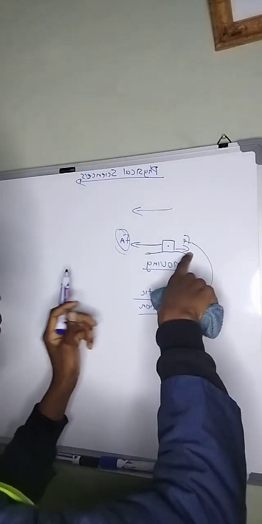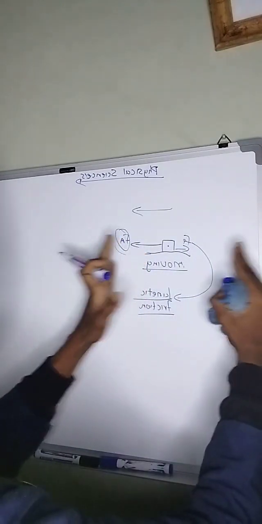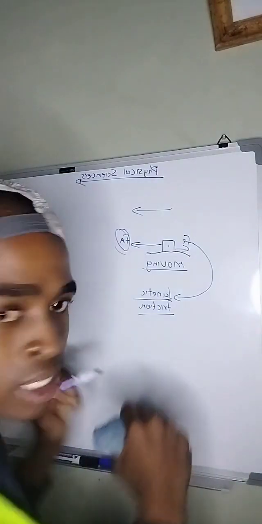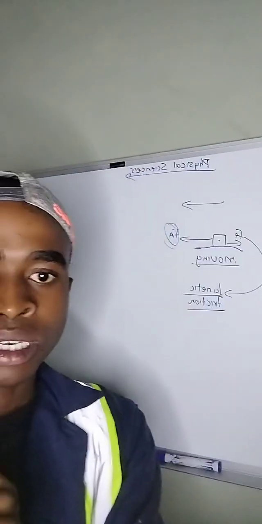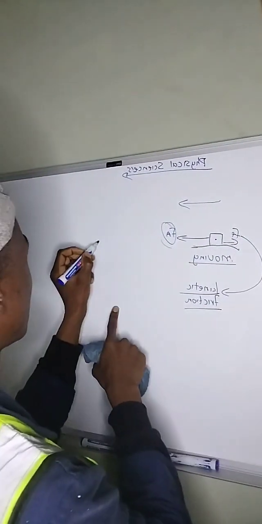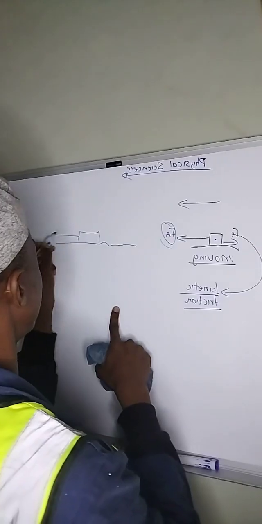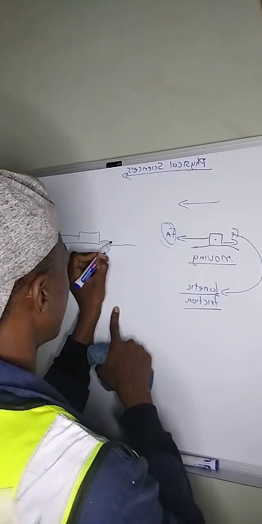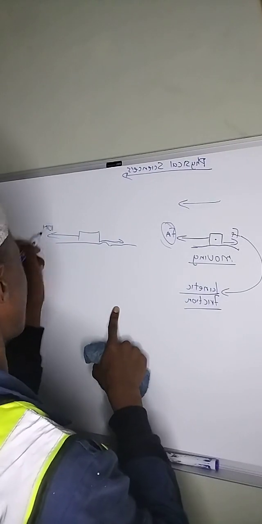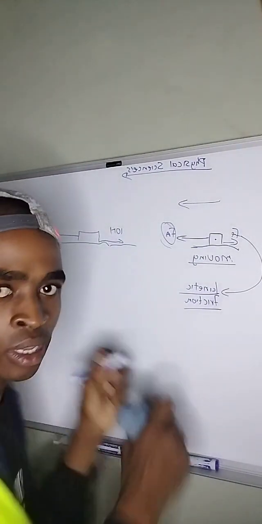Now this force will be less than this force, so it means that the object is moving in that direction. So now let's look at the difference between these two forces being unequal, and let's have a scenario where we have these forces being equal. Maybe let's say here is 10 newtons and this side is going to be 10 newtons.